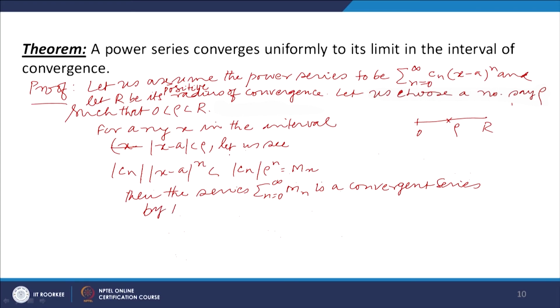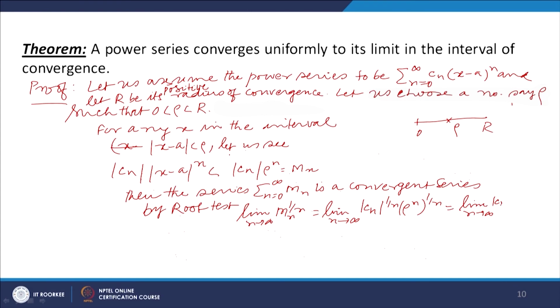So, by root test, limit n tends to infinity Mn to the power 1 by n is equal to limit n tends to infinity mod of Cn raised to the power 1 by n into rho to the power n, whole to the power 1 by n. So, this is limit n tends to infinity mod of Cn raised to the power 1 by n into rho.